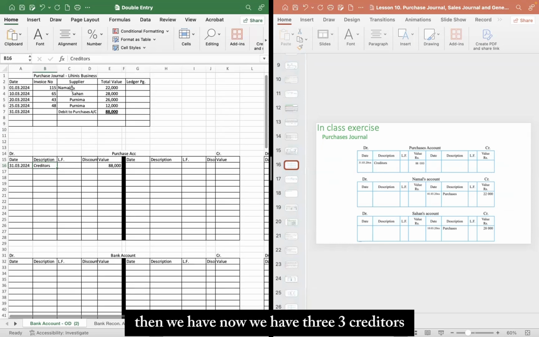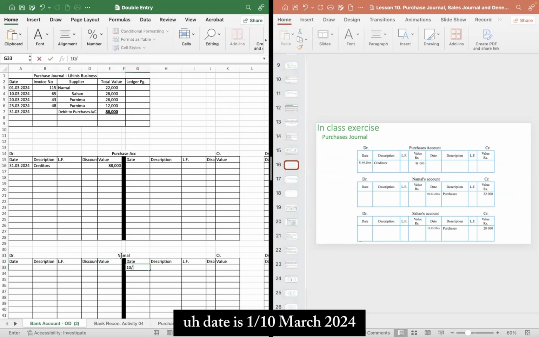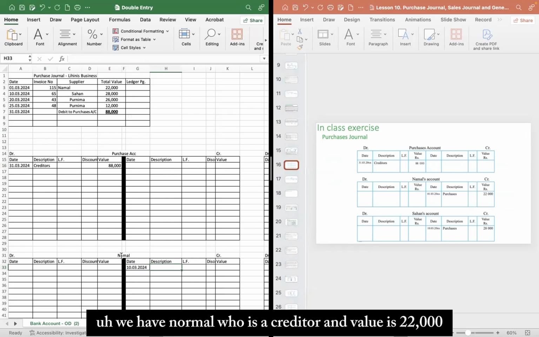Then we have three creditors. For these three creditors, we have to prepare individual accounts. Firstly, we have Namal. Date is 10th March 2024. We have Namal, who is a creditor, and the value is 22,000.